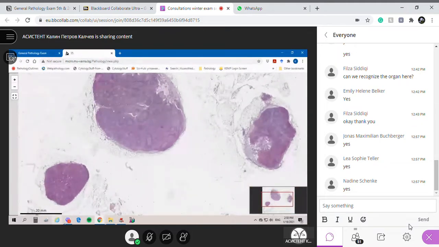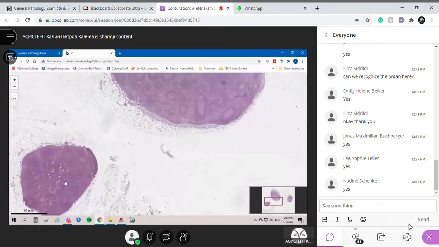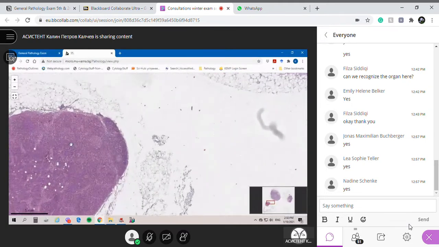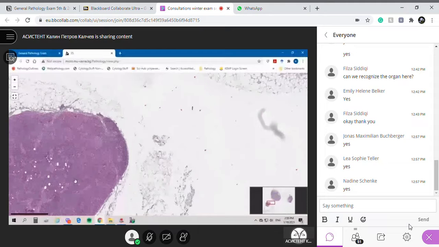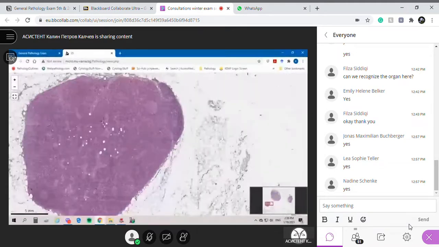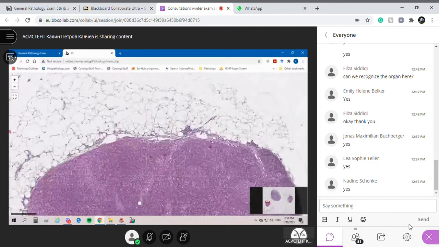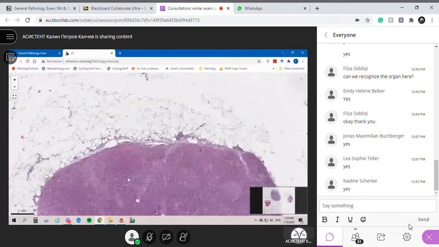You can tell that these are lymph nodes because they are very small. You see, they are composed of lymphatic tissue. You can see the germinal centers of these follicular structures here. So it is a lymph node. It has a marginal sinus. It has a capsule around it. So it is a lymph node.